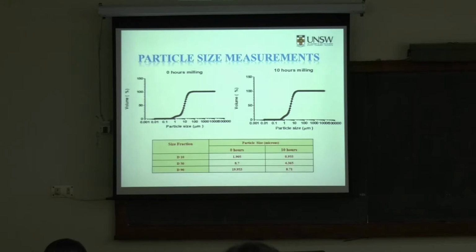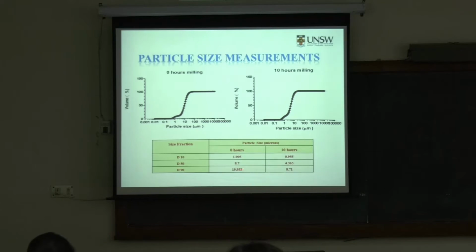So particle size, D10, D50, D90, size fraction. So at 0 hours you have 1.905, like that, and after 10 hours the size goes down like that. So this is 19.05, and this is 9.55, 8.7, this is 4.65.